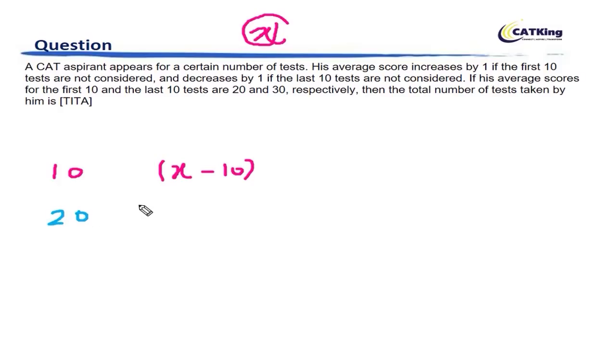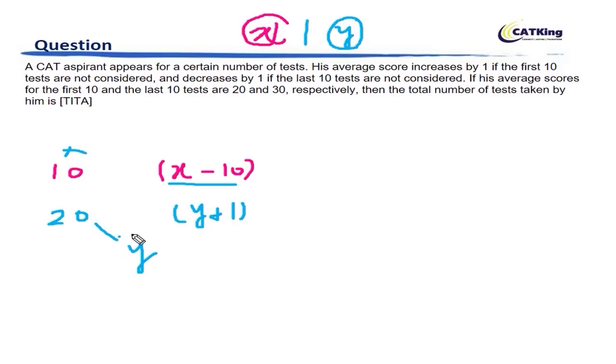For the complete paper, the average is, let's say, y. But if I don't consider the first 10, my average improves by plus 1. So therefore my average becomes y plus 1 if I don't consider the first 10.